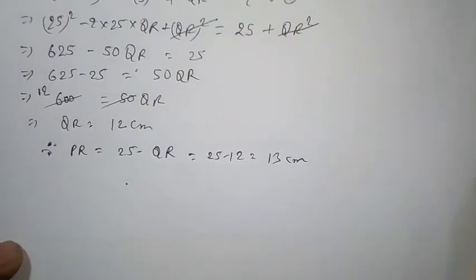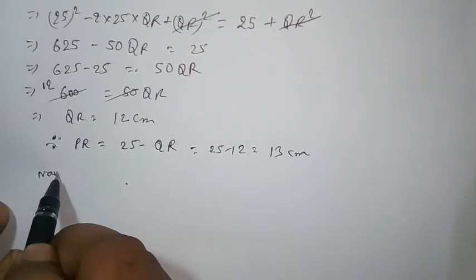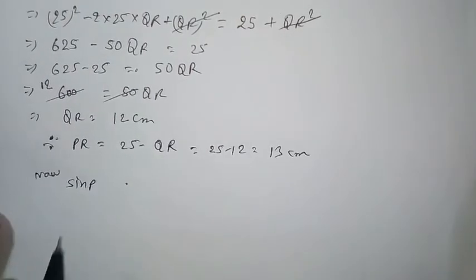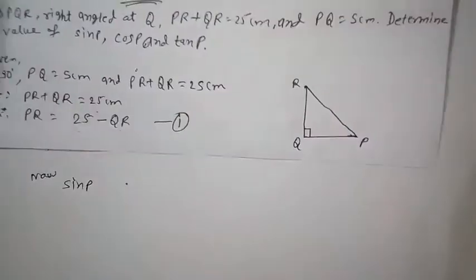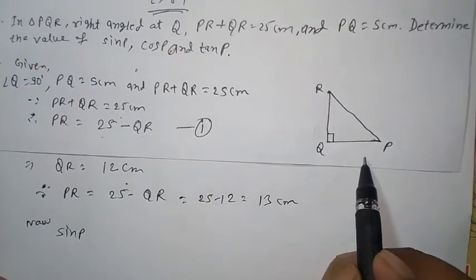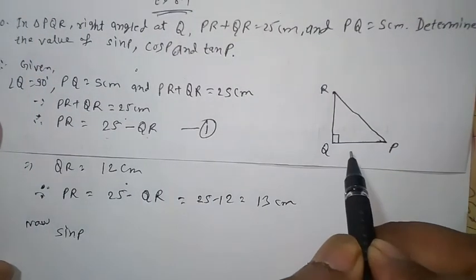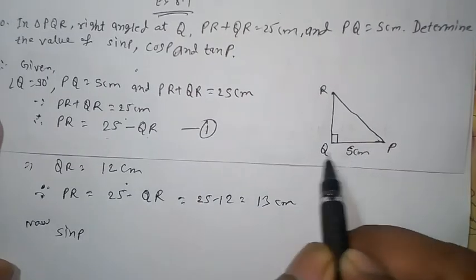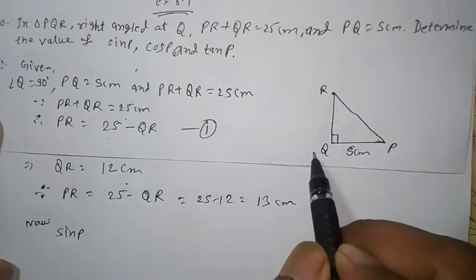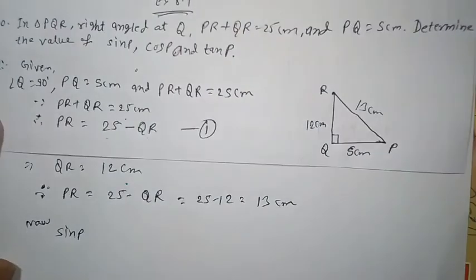Now find the value, first, sin P. Okay, now sin P, for P, PQ is equal to 5 centimeter, QR is equal to 12 centimeter, and this is 13 centimeter.